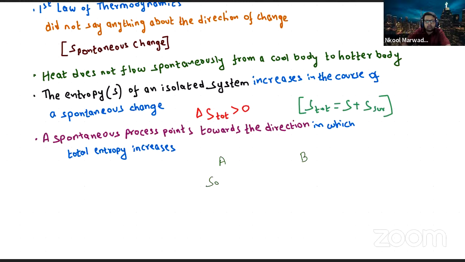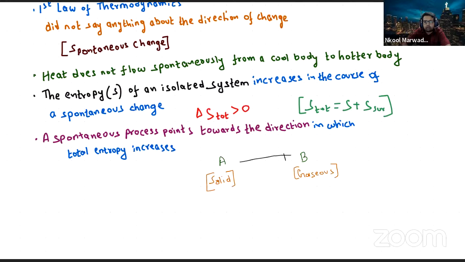So let A be the solid state, like any solid object I have, and B the gaseous form of that solid. And burning, I can say, is a spontaneous process because I just have to initiate that process.